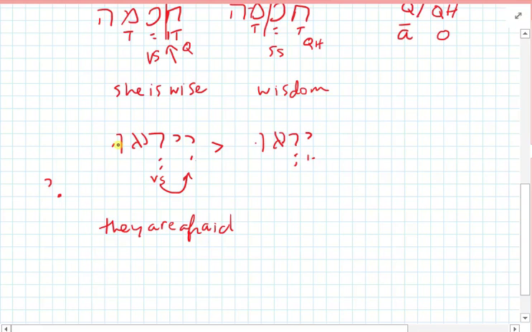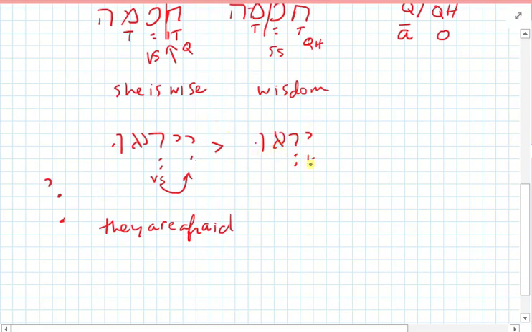What do we call it when a historically long vowel is written without the mater? It's called defective spelling, okay? So sometimes a kirik in Hebrew is going to show up in places where normally I'd have a kirik yod, and that kirik stands for a defectively spelled, historically long vowel, okay? And that's the situation I have here.